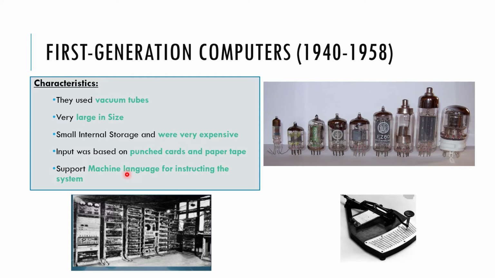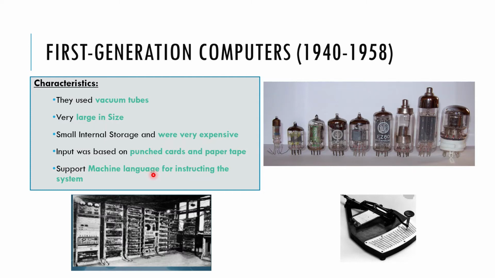So the main things which you need to remember about the first generation computers are the period, the main component, which was vacuum tubes, very bulky, very large in size, quite expensive. Input was based on punched cards and paper tape. Support machine language for performing different kinds of operation.